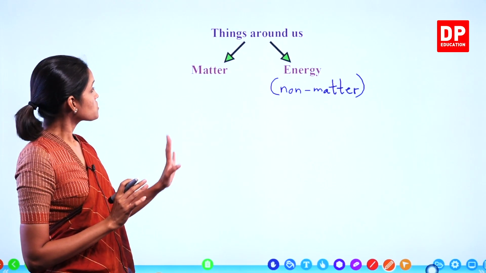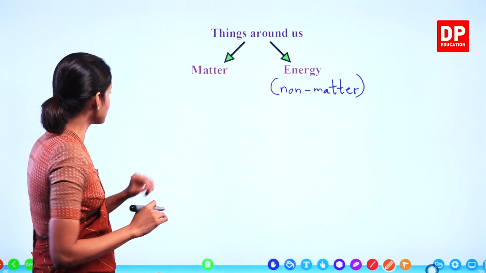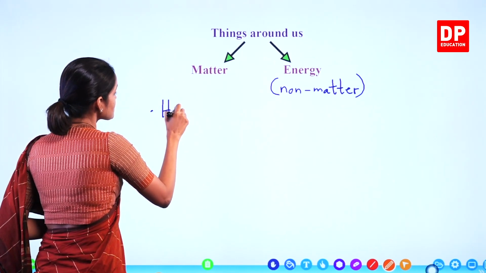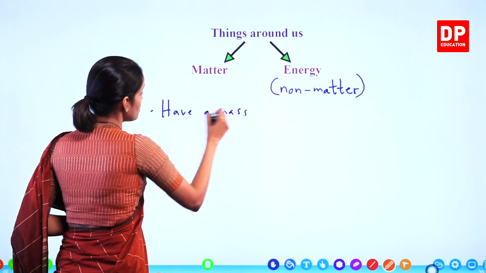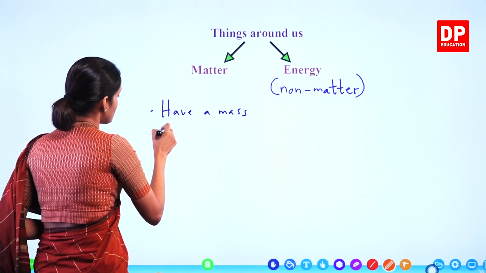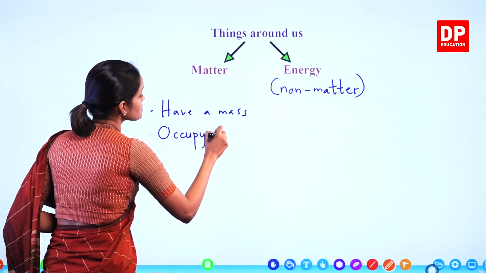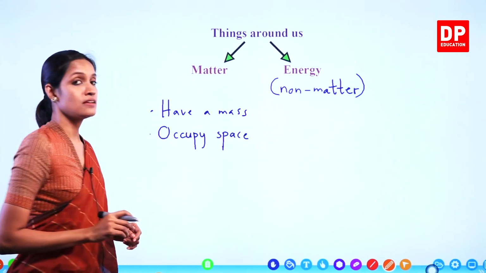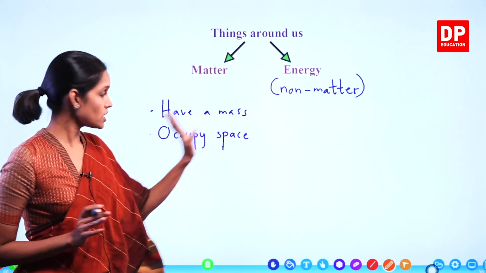Right, children? So what are the differences between matter and energy? We will write here matter have a mass and what is the other one? Occupy space in the environment. Understand, children? What about non-matter or what about energy?